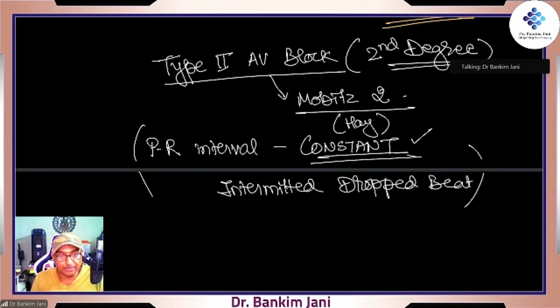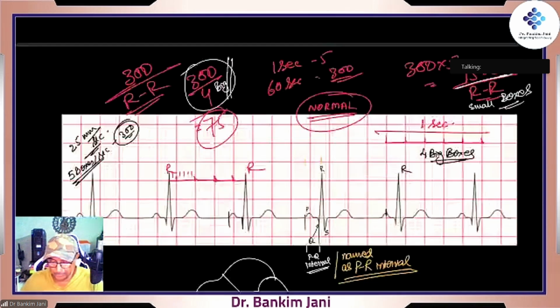So again, we'll be going for the ratio. Say for example, P to QRS complex. So that could be say 3 P with 2 QRS or 1 QRS, whatever, right? So let's see some ECG. So over here also there is P to QRS ratio, right? That ratio is over here also. Let's see.